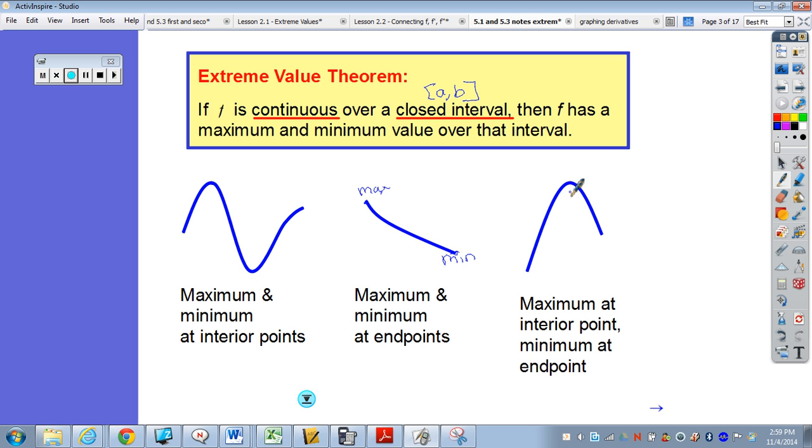And then here, your absolute max occurs inside, on the interior, and then your absolute min is at an endpoint. And you could have the reverse. You could have the absolute max at an endpoint and the absolute min in the interior.